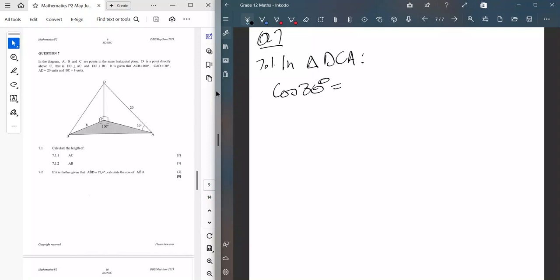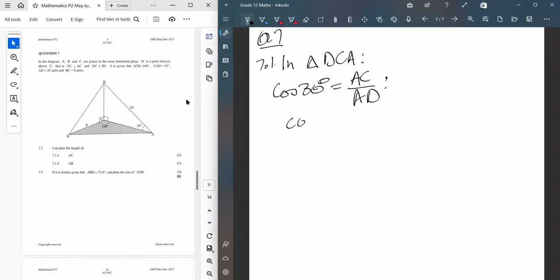Adjacent is AC, that's what they're looking for, and the hypotenuse is AD.